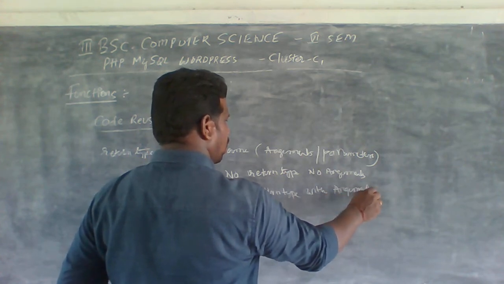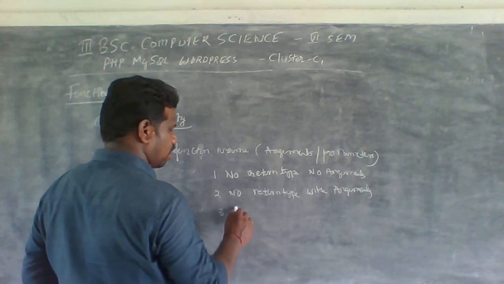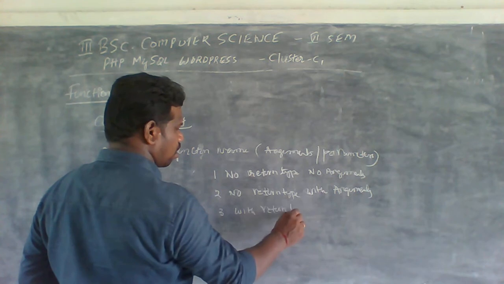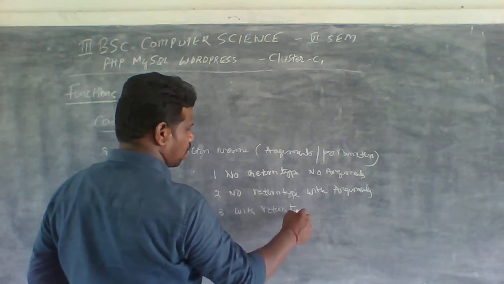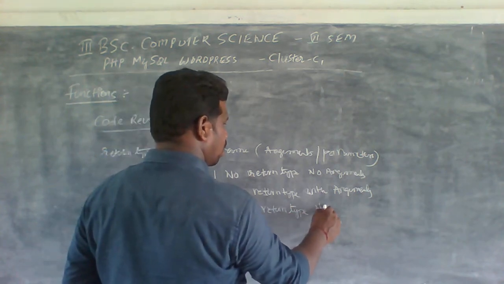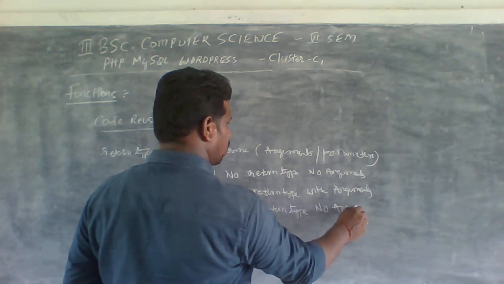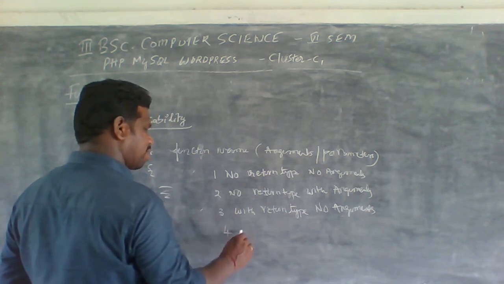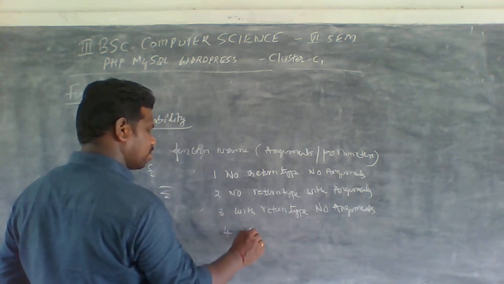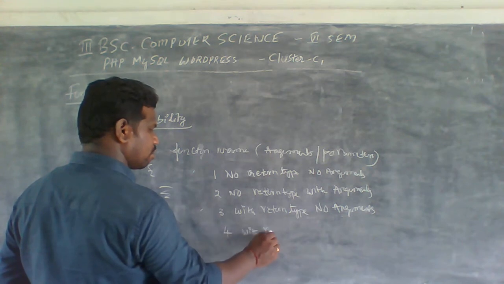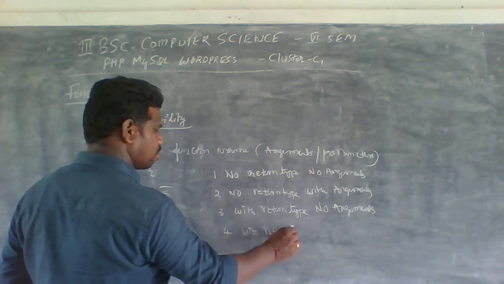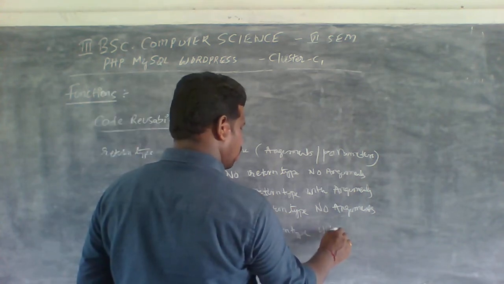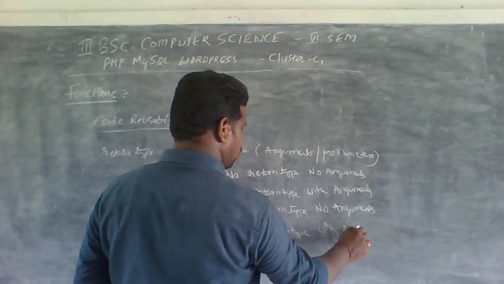The third one is with return type and no arguments. And the fourth one is with return type and with arguments.